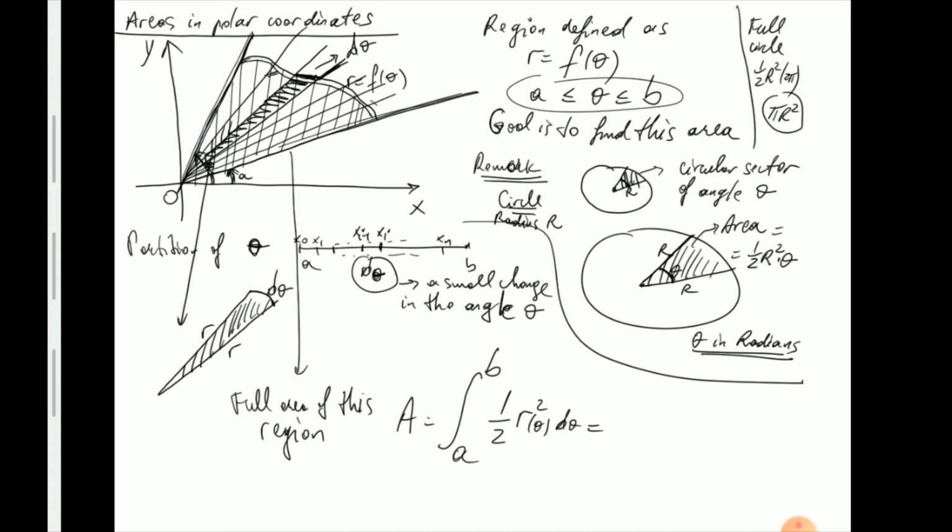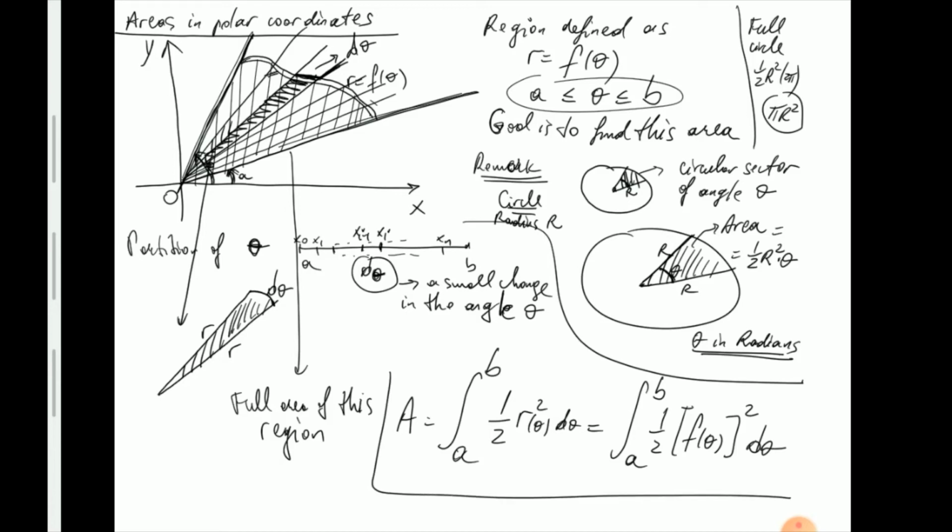So if you want, you can write it like that: the integral from A to B, 1/2 f of theta to the power 2 d theta. So that's the formula for the area of that region in polar coordinates. Again, it's important to remember that f of theta is essentially the radius, the polar radius in terms of theta.